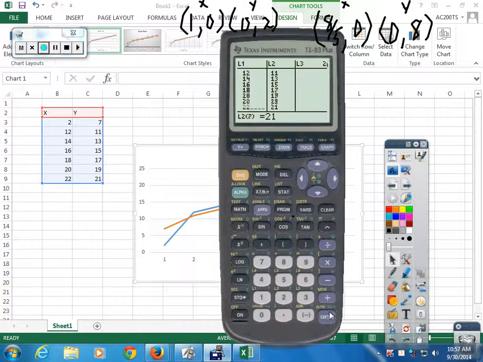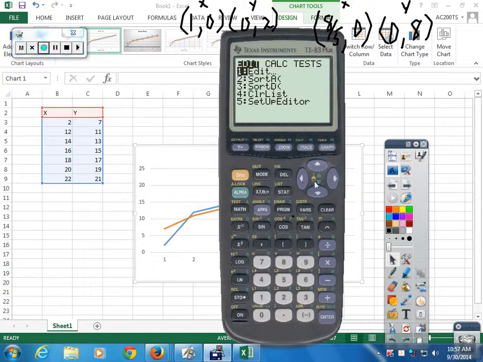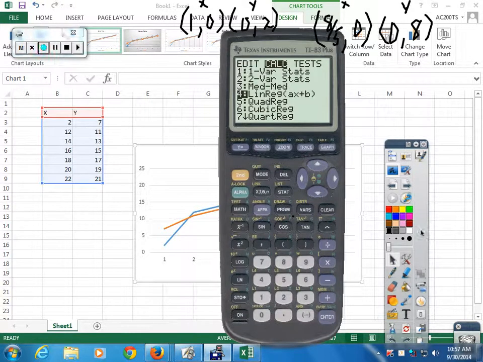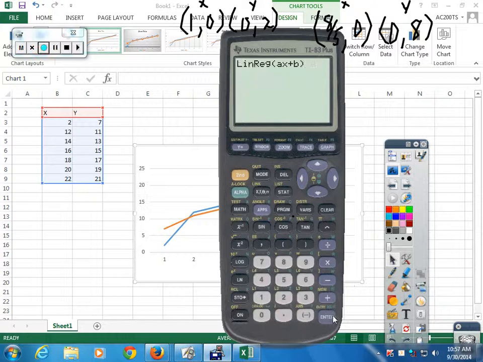And then once you get them all in, go to Stat, Calculate, and Linear Regression right there. And it's going to automatically pick up L1 and L2. And there it is. So y is equal to 0.7x plus 4.22. So you go type that in.